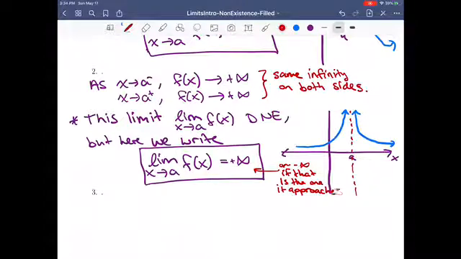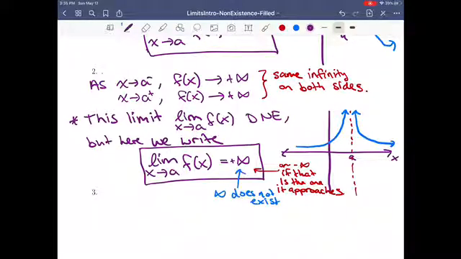What I want to point out is that infinity is not a number, so it does not exist. Even though we can talk about it, write it, and use it to do stuff, it seems like it's a number. It's not.